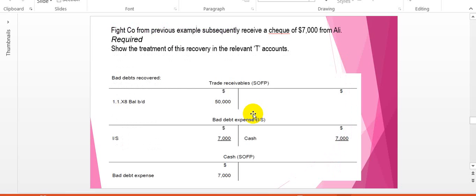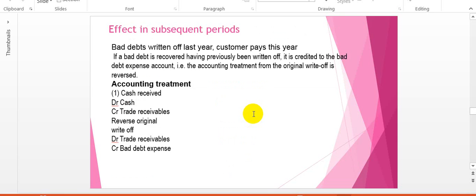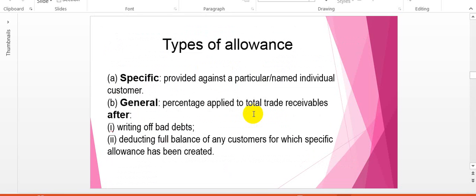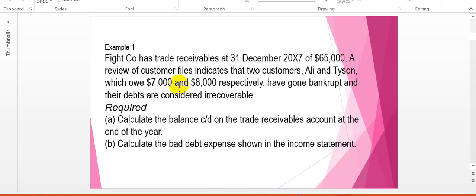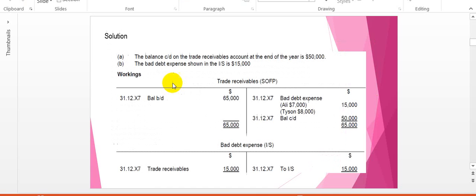So if we follow through from the previous example, FightCo subsequently receives a check of 7,000 from Ali. Ali was one of the customers who had initially not been able to pay, and we had written off the 7,000 which Ali owed.